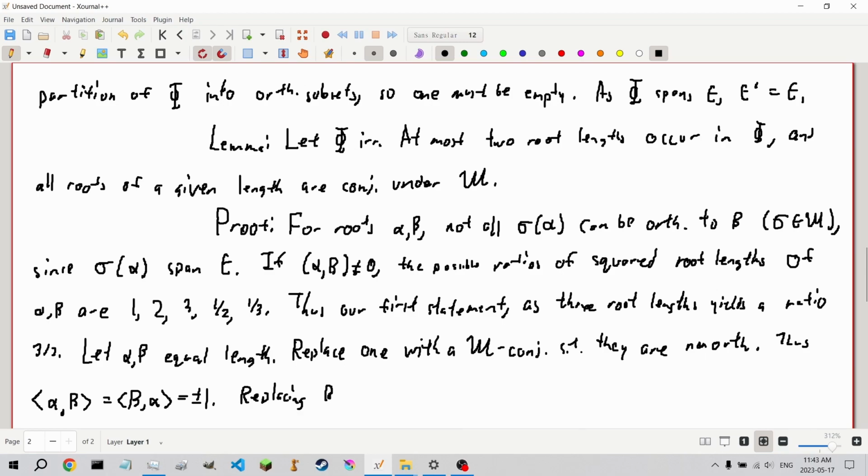Replacing beta with negative beta in the negative case, which of course is the image of beta under sigma beta. So we can assume that the angle bracket of alpha and beta is 1.